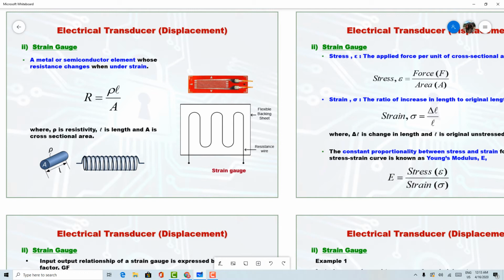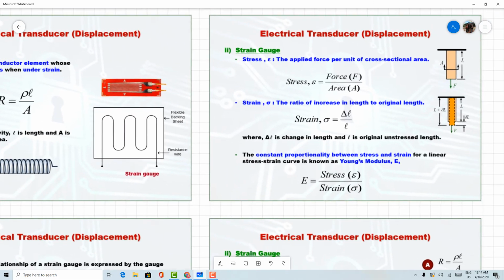Strain is the change of dimension. So the equation for the tensile strain involves the original length.